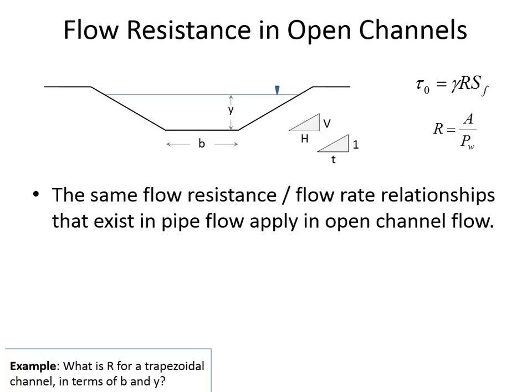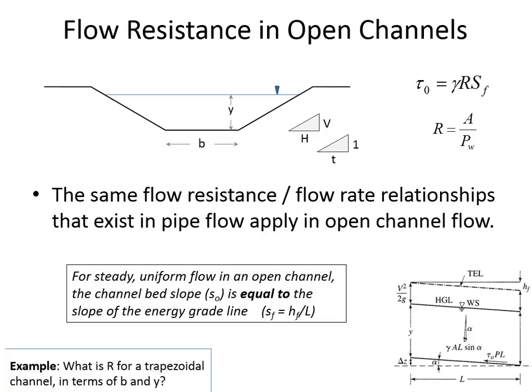So P sub W stands for wetted perimeter. And in a pipe that's flowing full, the wetted perimeter is just the entire circumference of the pipe. In the case of a trapezoidal channel or a rectangular channel, you don't count where the air and the water are touching. You only include in the wetted perimeter that physical perimeter of the channel that's in contact with the water.